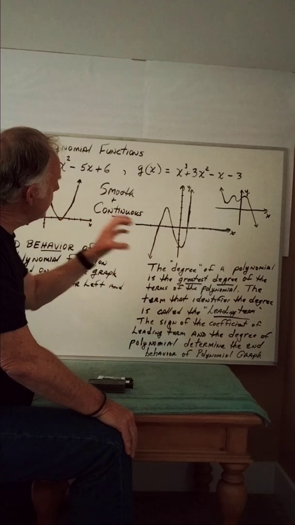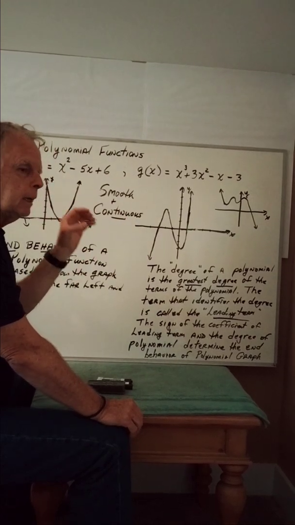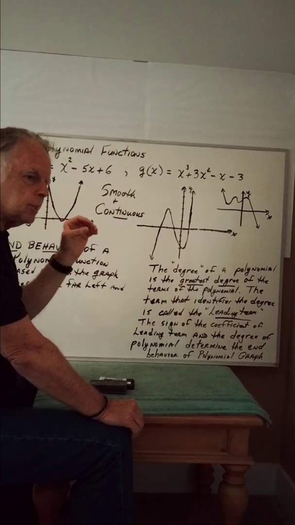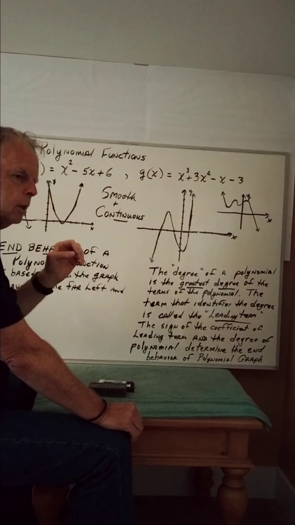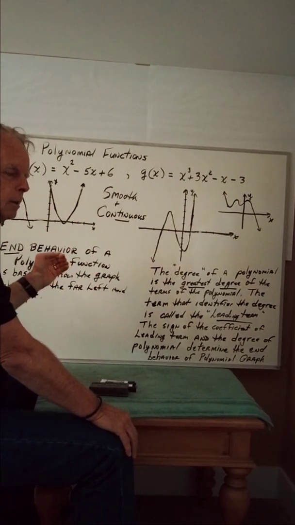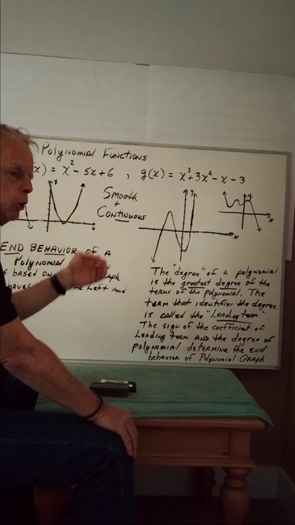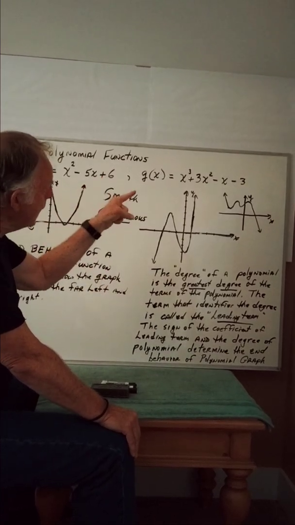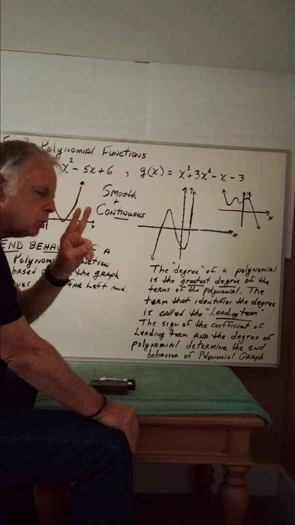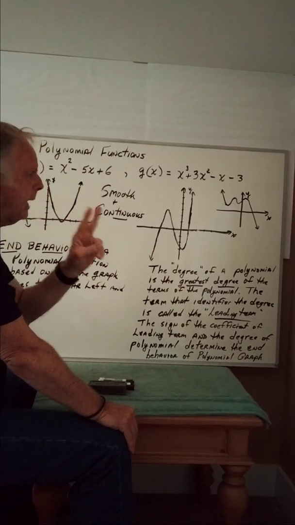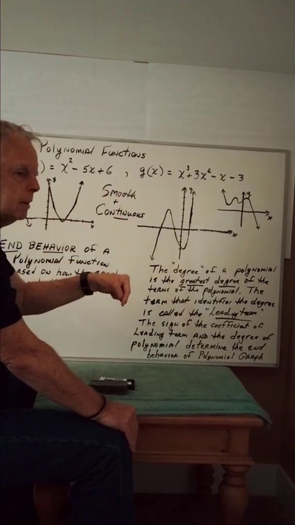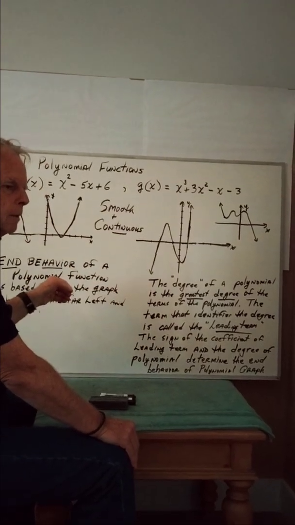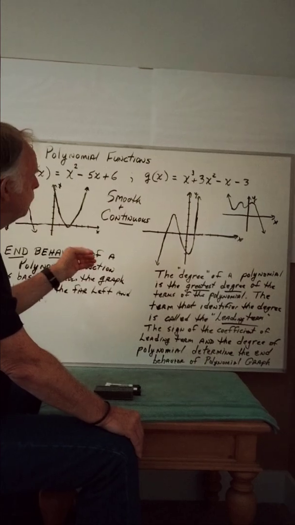Now let me say that again. The lead term is the key term that's going to lead to the end behavior of the graph of a polynomial function. But within that lead term, there are 2 specific items that we look at that will determine the end behavior of the graph of a polynomial function.